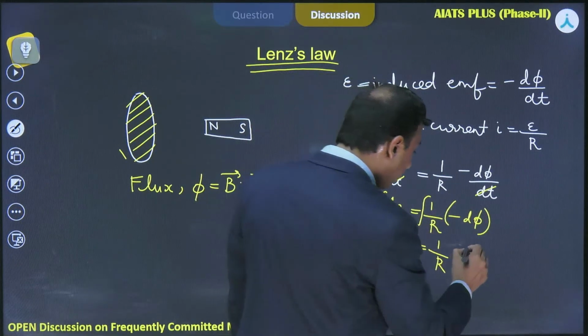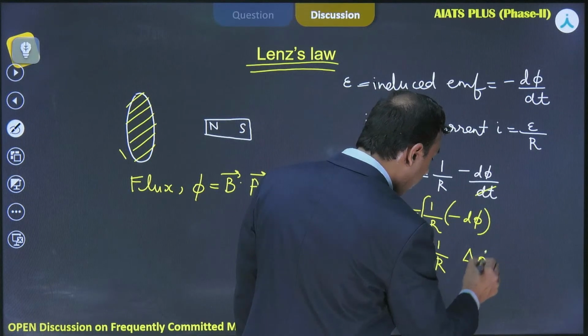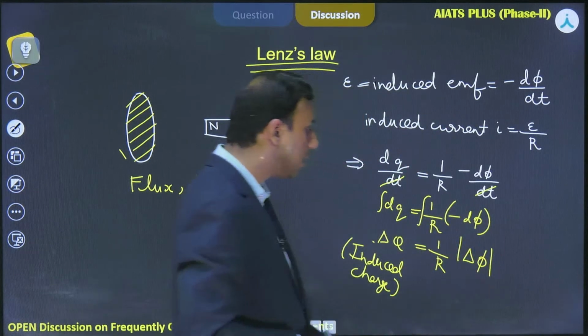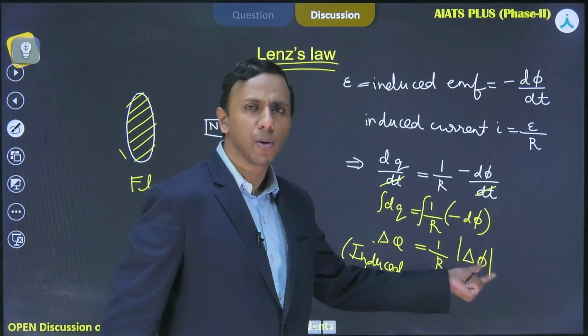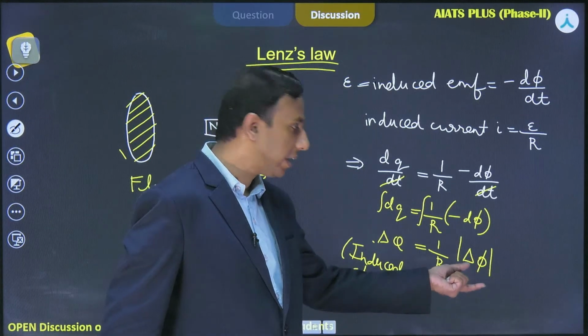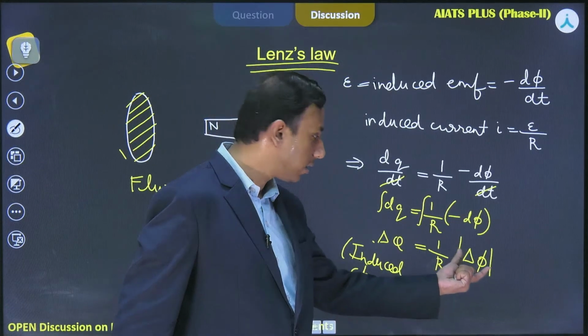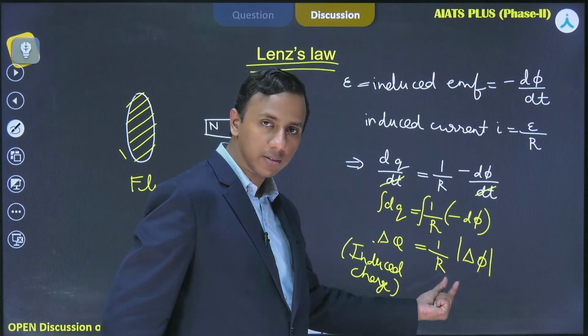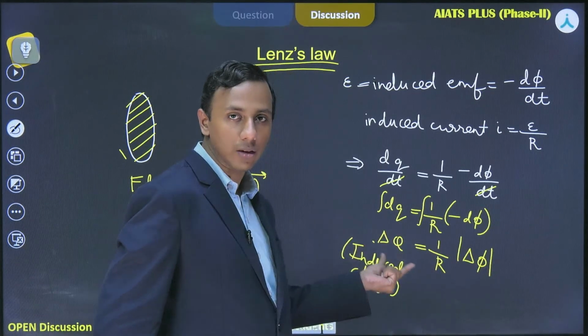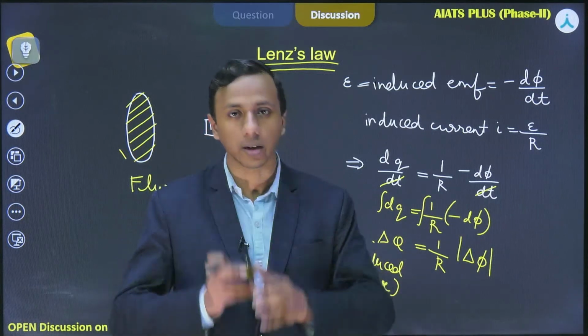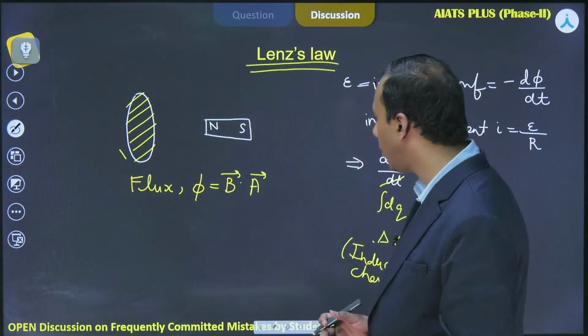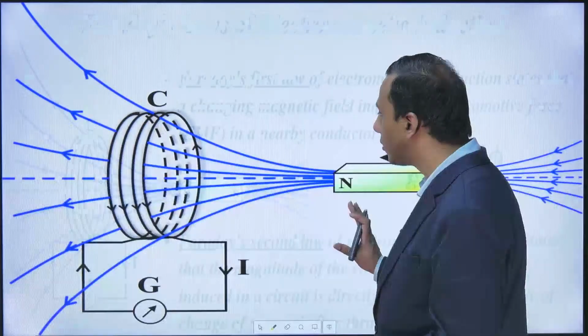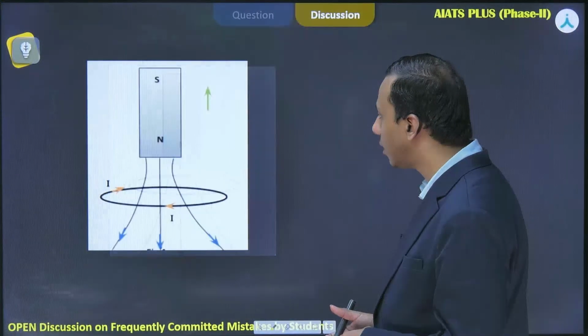So this will become delta phi with a mod. All right. Mod meaning delta phi can also be positive or negative. So in order to remove that negative sign, I have put a mod over there. So very simple formula, right? Change in flux upon resistance gives you induced charge through the conductor or through the wire. All right. So using this much, we can solve, let's see what our next question is.